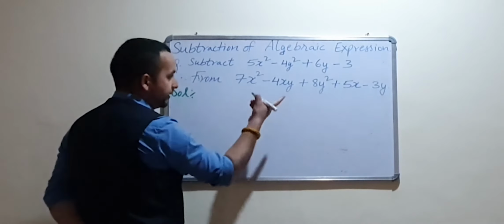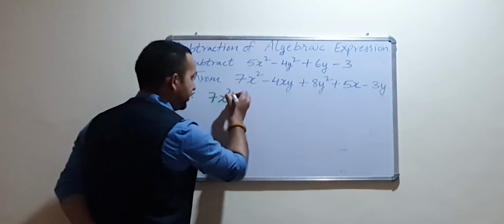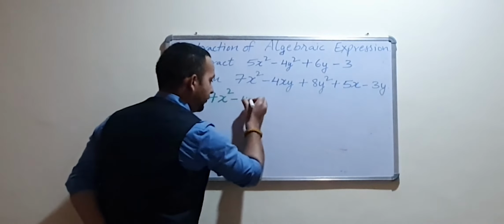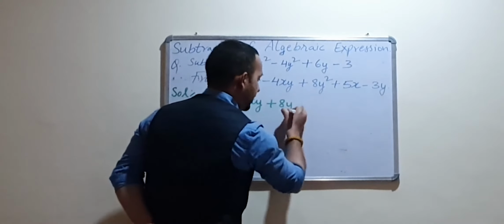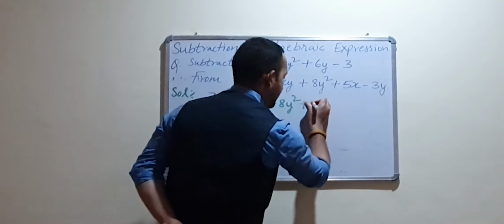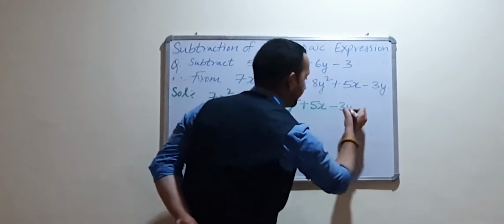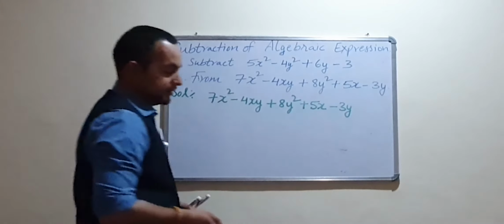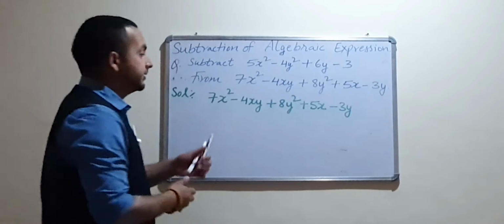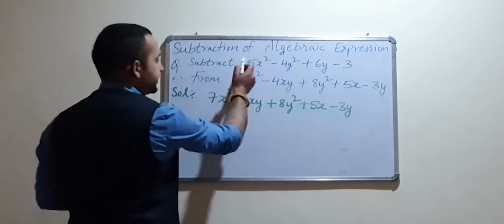You will write 7x square minus 4xy plus 8y square plus 5x minus 3y, and the first expression will be written after it.